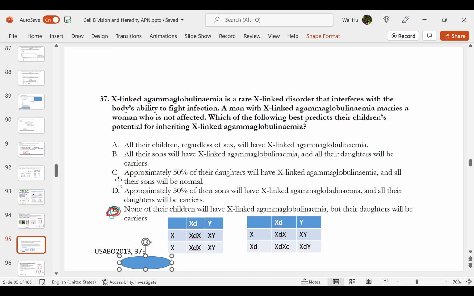If you answered C, it's wrong because it says approximately 50% of the daughters will have the X-linked disease, so there must be the second condition. If you choose the mother as a carrier, then half of the sons will have the disease, so C does not match.